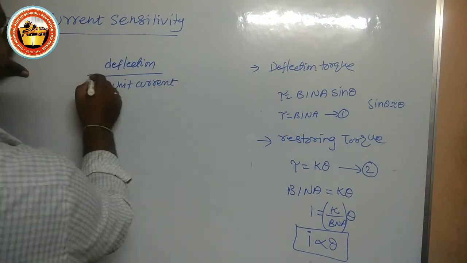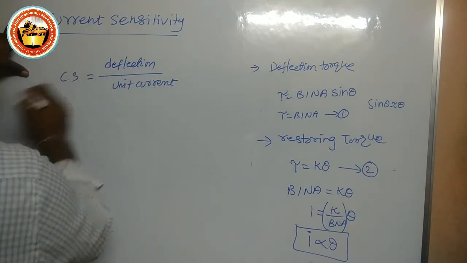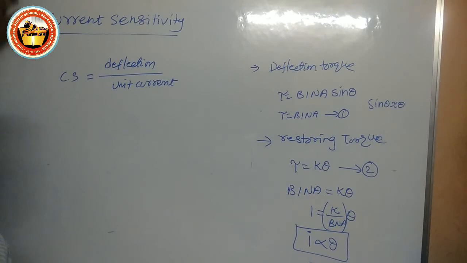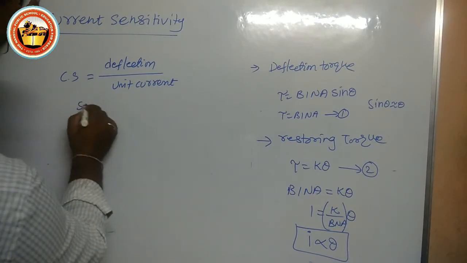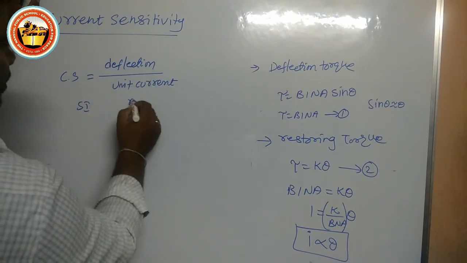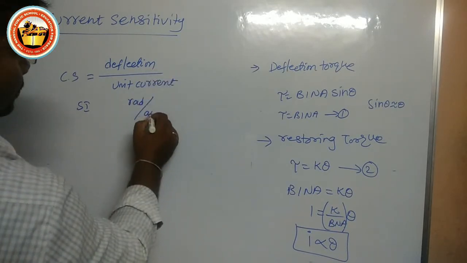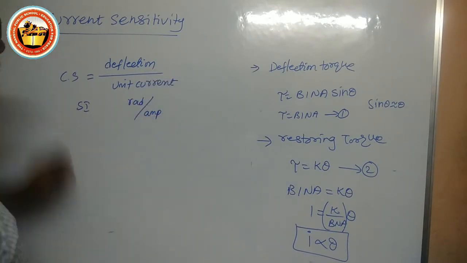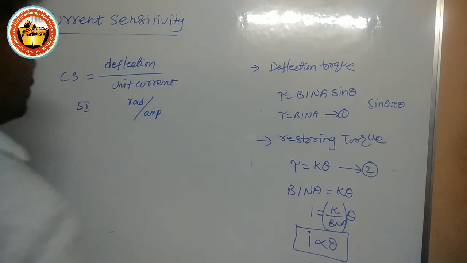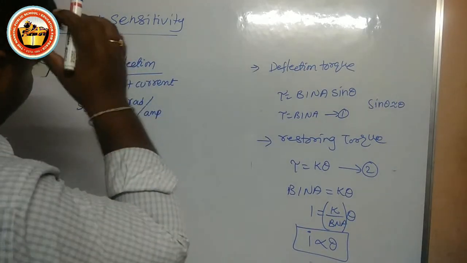It is called current sensitivity, denoted CS. Its SI unit: deflection is in radians, current is in amperes, so the unit is radian per ampere.